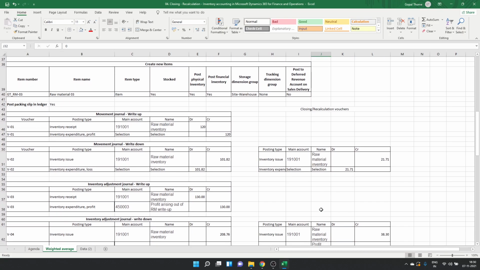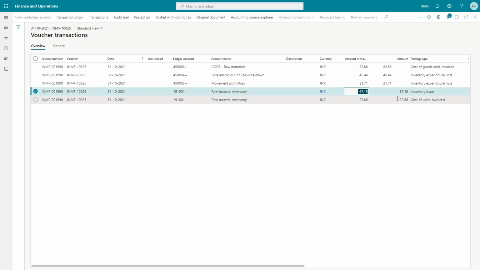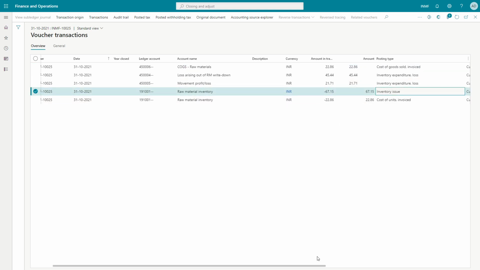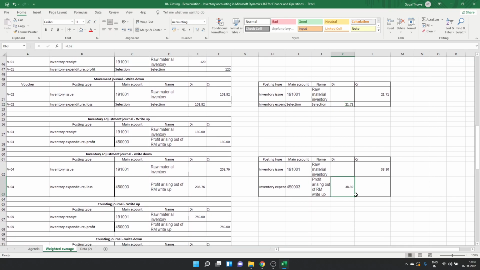If we see, the first write down is in a different account. So it has issued that inventory 21.71, which forms part of this, because the inventory GL is the same for all the write downs.